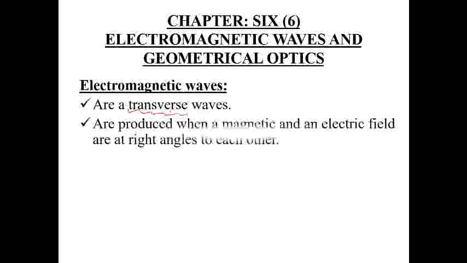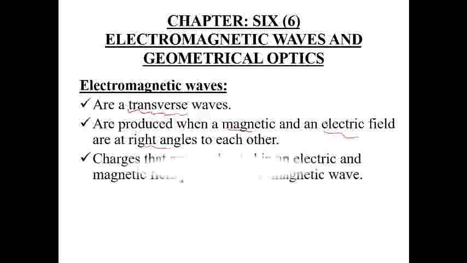The second one is they are produced when magnetic and electric fields are at right angles to each other. That means they have both an electric field as well as a magnetic field, and these electric and magnetic fields are perpendicular to each other.